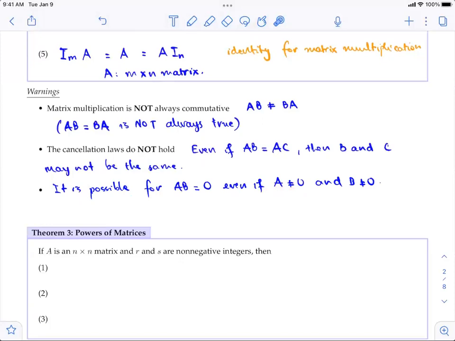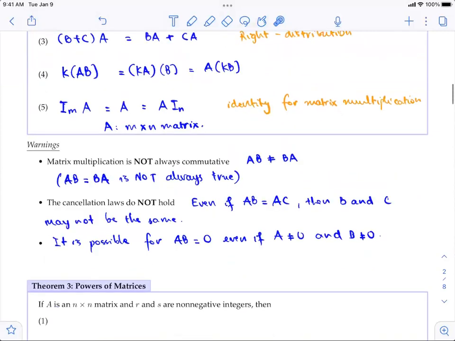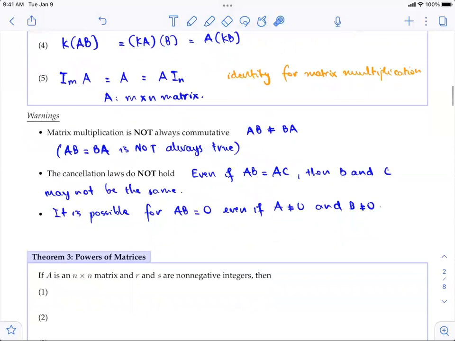So you have to be careful with these three warnings. The first one is that matrix multiplication is not always commutative. That's why we have left distribution and right distribution. The cancellation laws do not hold for the product of matrices. Even if you have AB equal to AC, B and C may not be the same. And you can have a product equal to 0 even if the individual matrices are not 0 matrices.